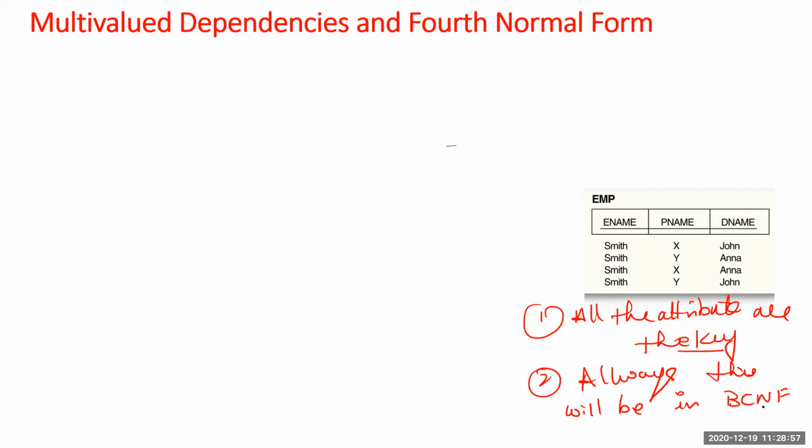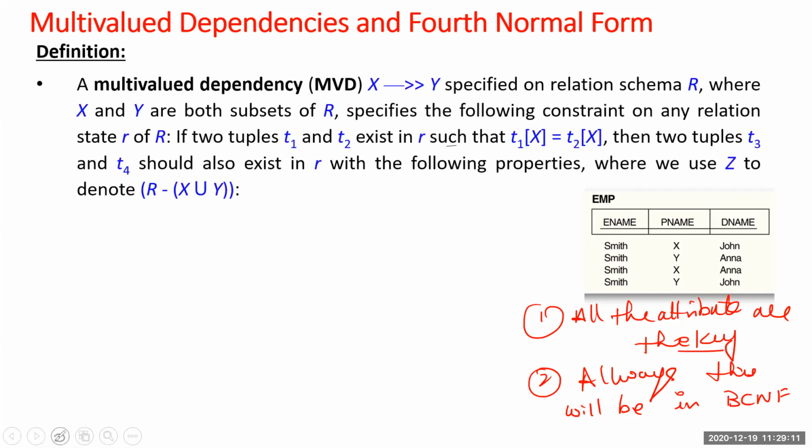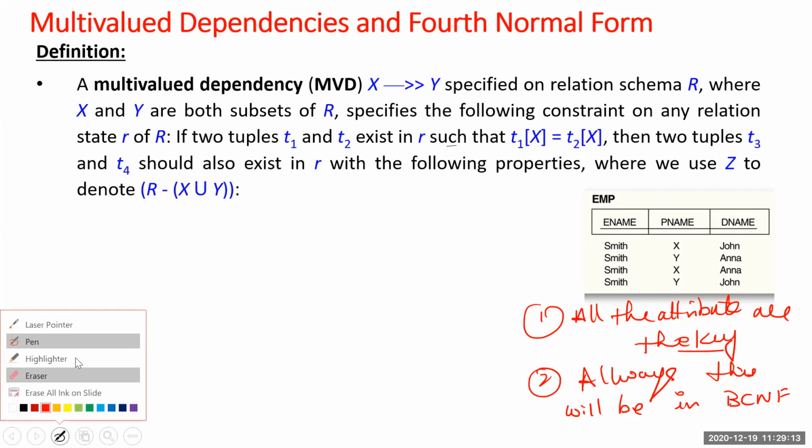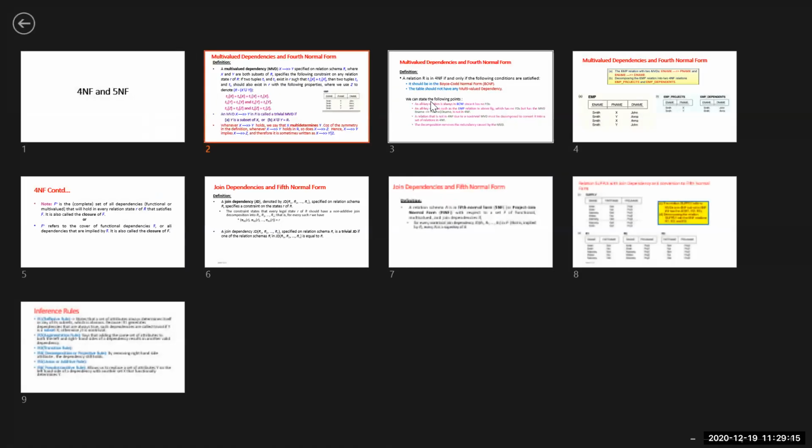So that means all the attributes are key, I don't have any FDs. So that means it is in BCNF. It's in the highest normal form. I can go to 4NF only when the table is in BCNF. Right? Okay, let's check here.